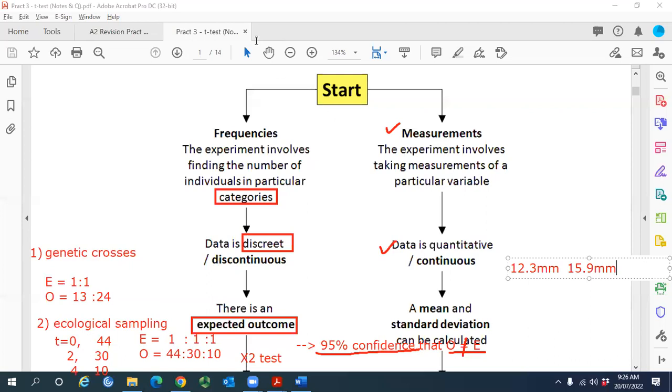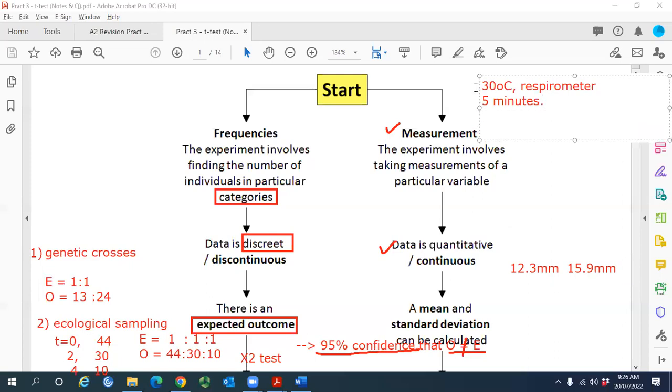Okay. So let's say, for example, 2 students make the measurement at 30 degrees Celsius. We run the respirometer. Two students set up the same thing and run it for 5 minutes.